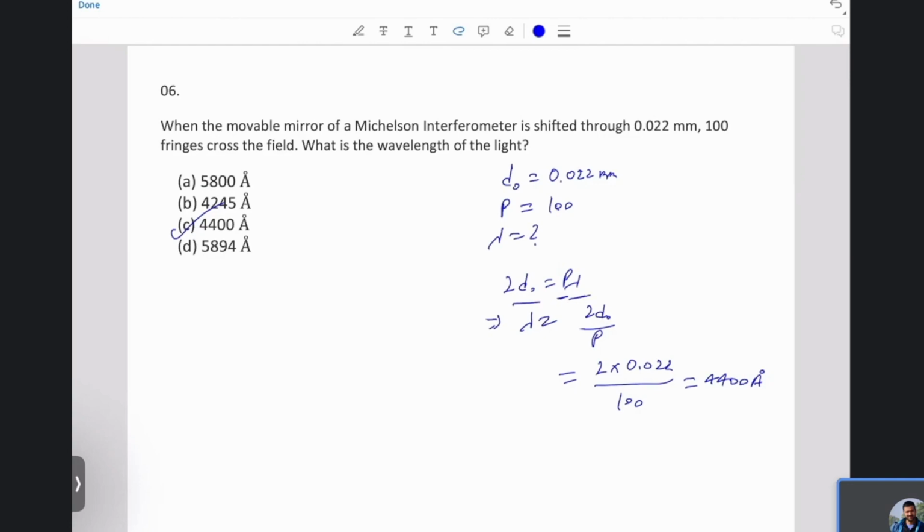So you can use this formula to calculate the wavelength of the light during the experiment. It's a very nice experiment. You can use any source of light and calculate its wavelength if it's a monochromatic source. You might perform this experiment in a lab if you have a Michelson interferometer.